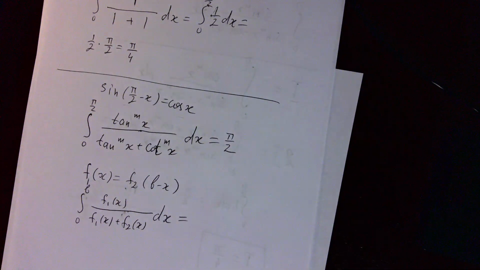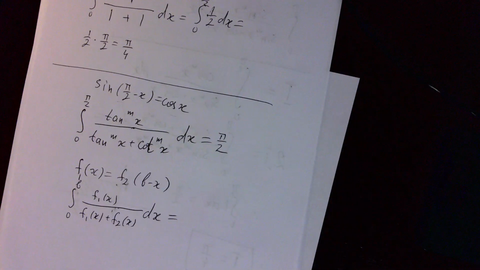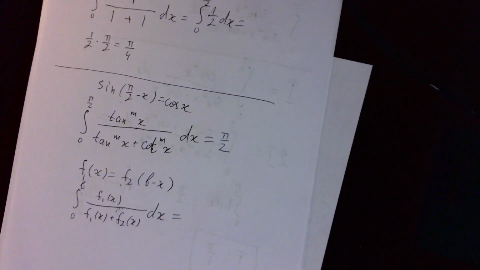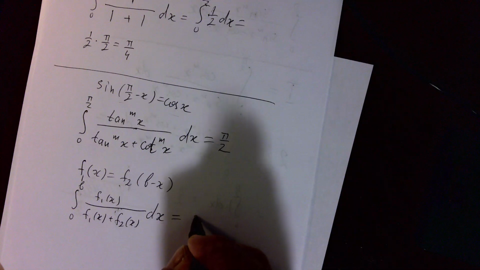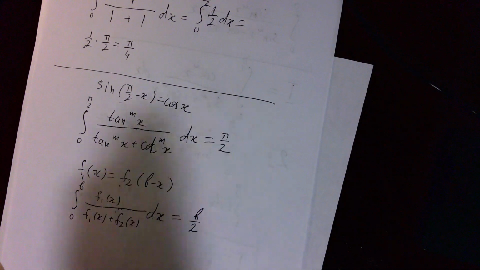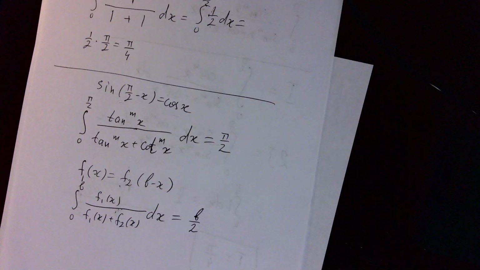And by the same reason, if you do the substitution b minus x equals t, and follow the same way, we'll have the result b divided by 2.